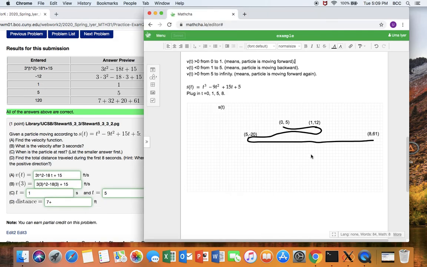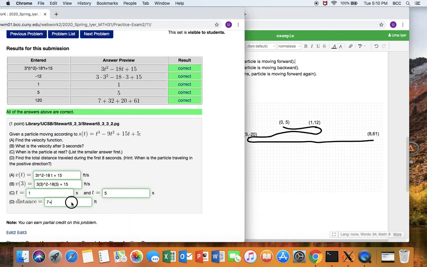plus. Now, from position 12, it has to go to position negative 20. In other words, all of 12 has to go back to 0, and then negative 20. So 12 and 20 more. 12 and 20 more is 32, plus.